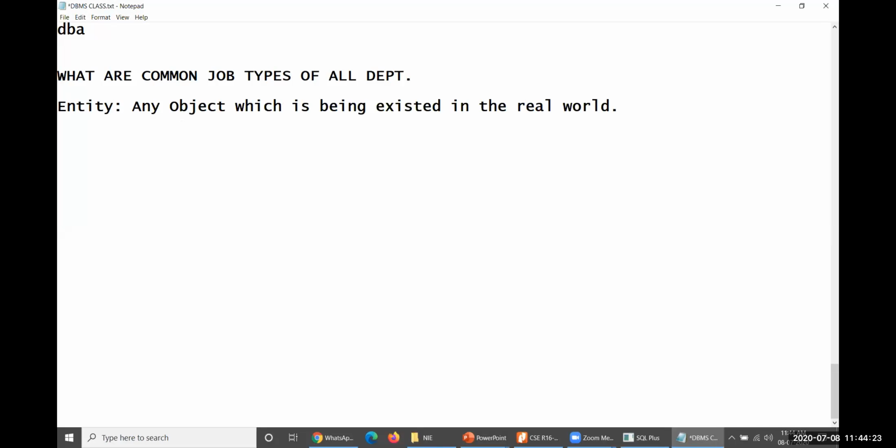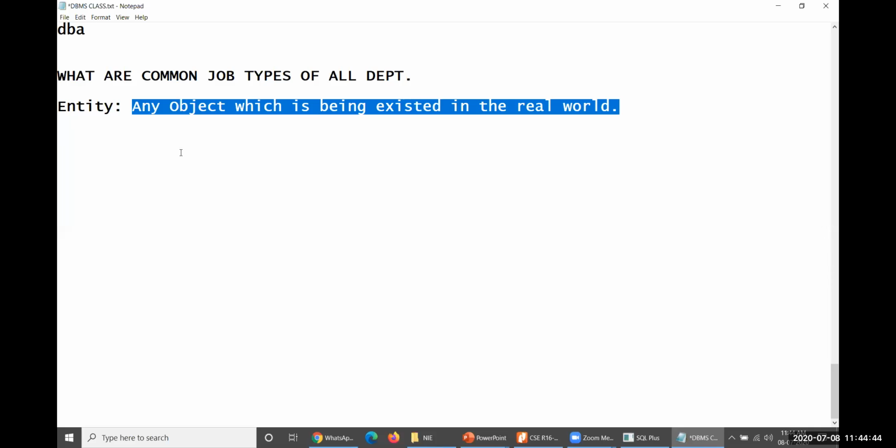Already you have come across object-oriented programming using Java, C++ and Python, and you have created many objects. Any realistic object which exists in the real world is called an entity.